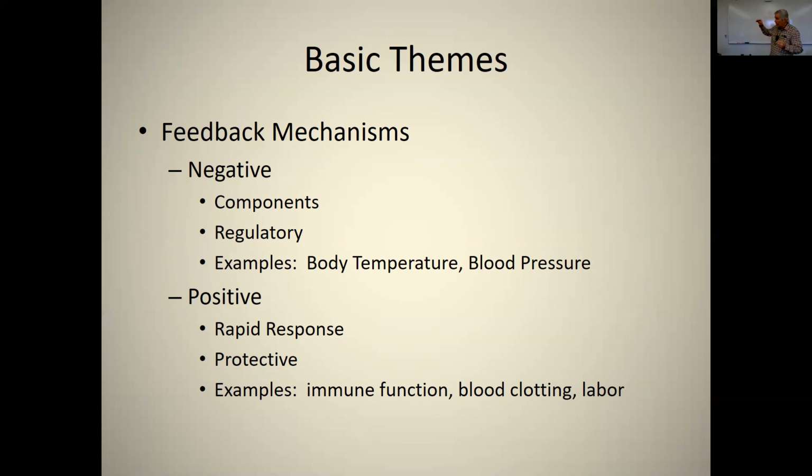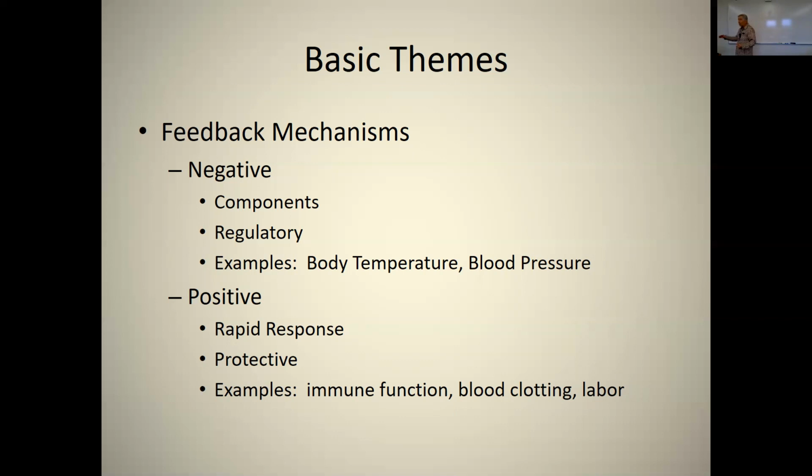And so it's regulatory. Negative feedback is the essence of regulation. And we're going to look at the components of a negative feedback system. As I said, body temperature is one, and blood pressure are examples of things that are regulated with a negative feedback system.